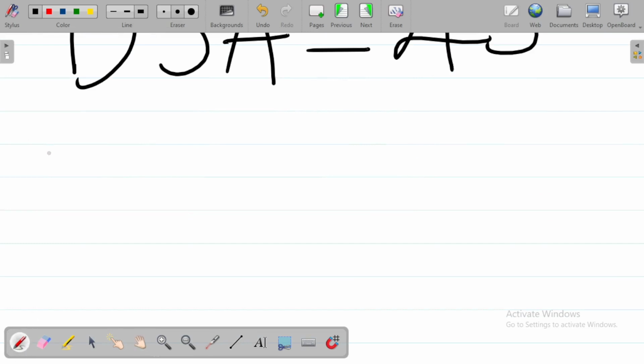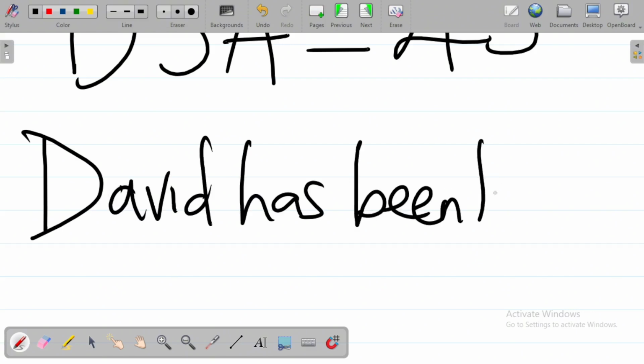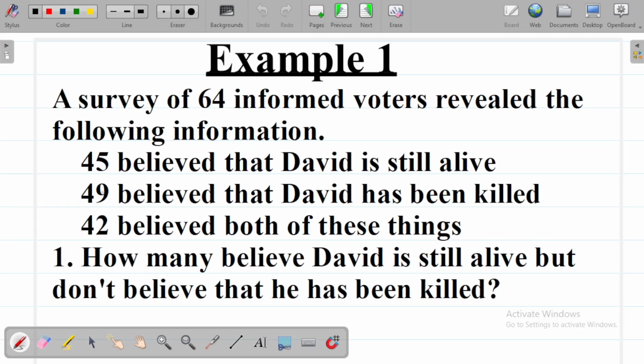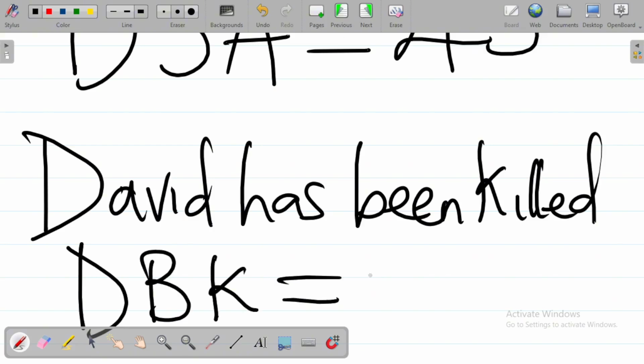The next one, David has been killed. How many believe that David has been killed? Let's check the question. It says 49 believe that David has been killed. Let's call this DBK. DBK is equal to 49. 49 voters believe that David has been killed.